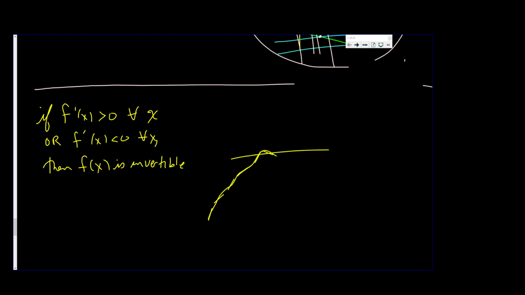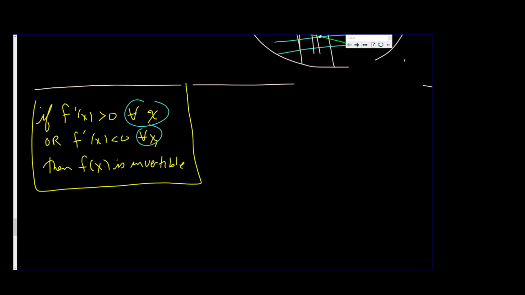And that's where you fail the vertical line test. That's why it has to be for all x. The slopes have to either all be positive or all be negative. So, this is a test to see if our function is invertible.